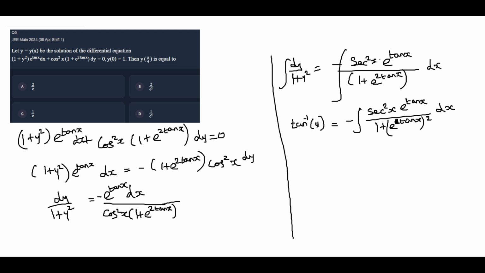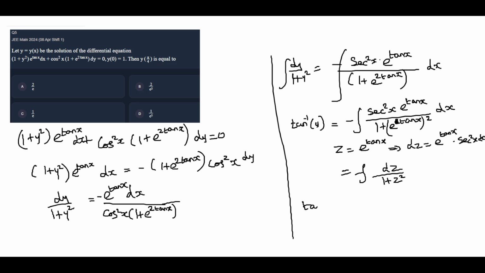So you can consider z equal to e power tan x, so what is dz? dz by dx means e power tan x into tan will be secant square x dx. So the right side integration will be minus dz by 1 plus z square.